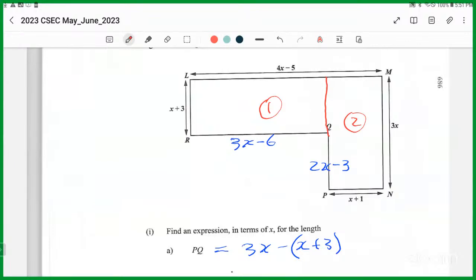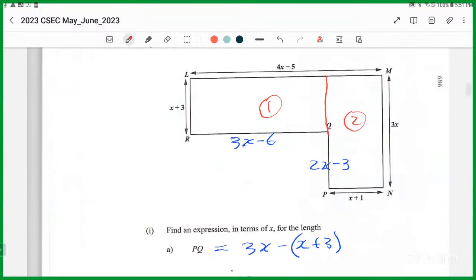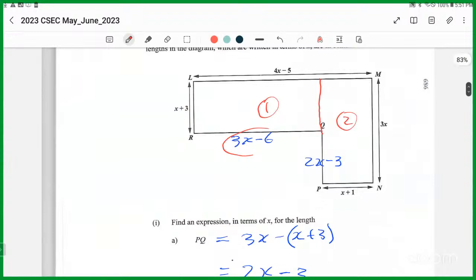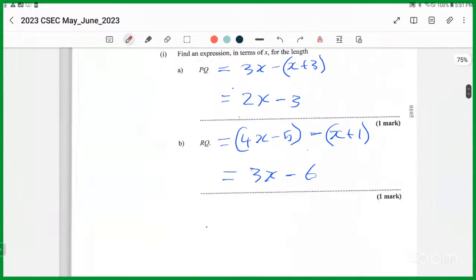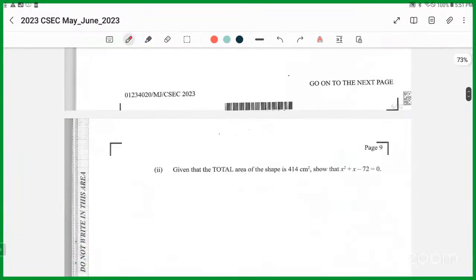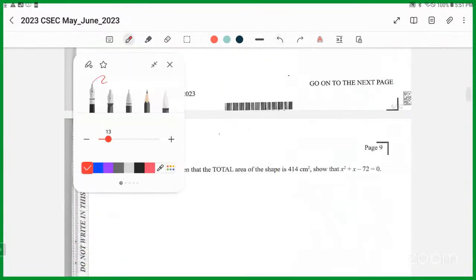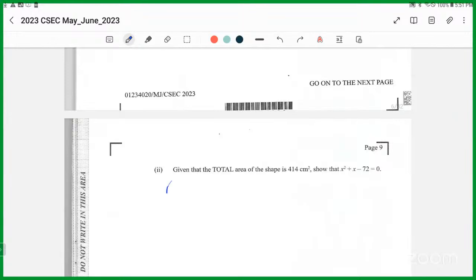It doesn't matter how you do it. Area 1 is going to be this length times this length, and area 2 is going to be this length times this length. The total area is 414. So area 1 plus area 2 equals 414.